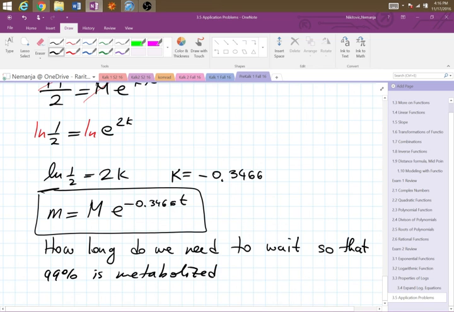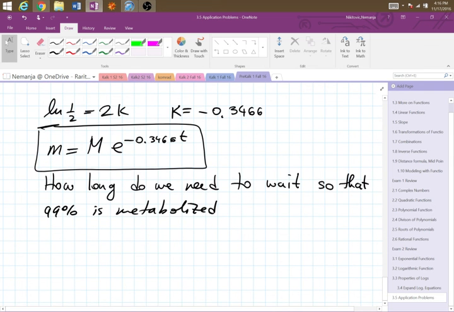So I want to see how long it takes for 99% of whatever I took, whether it's 100 milligrams or 400 milligrams, 500 milligrams, how long do I have to wait until 99% is metabolized? Well, let's see. And t is in hours. You have to write t is in hours because it was given to us this 2 hours half-life, so it's the same unit.